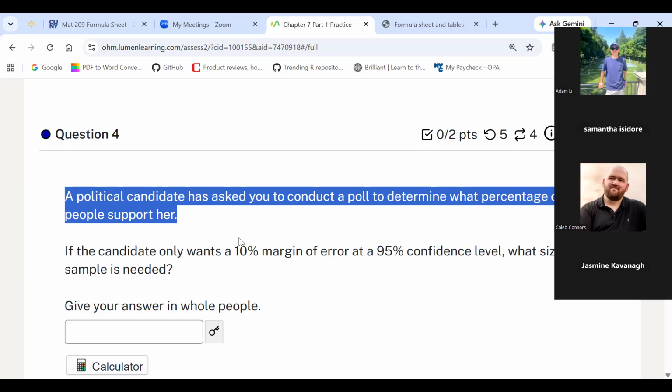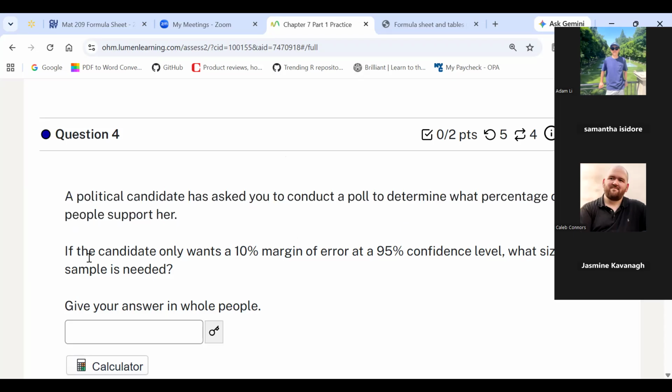An important part of the campaign is figuring out the percent of people who support that particular candidate. If the candidate wants a 10% margin error at a 95% confidence level, what sample size is needed? You guys try this quickly.